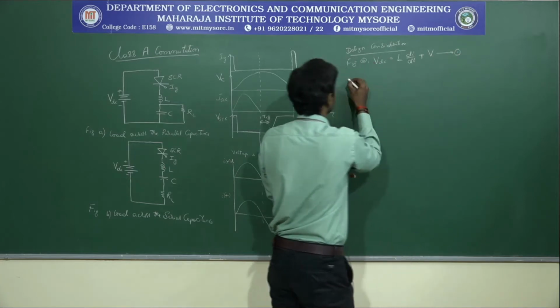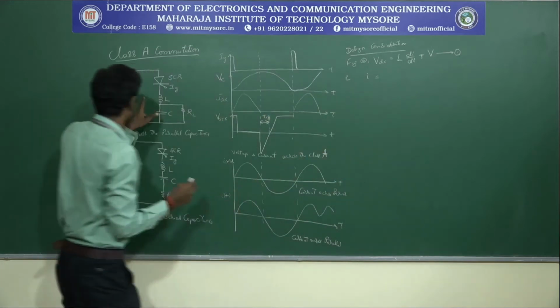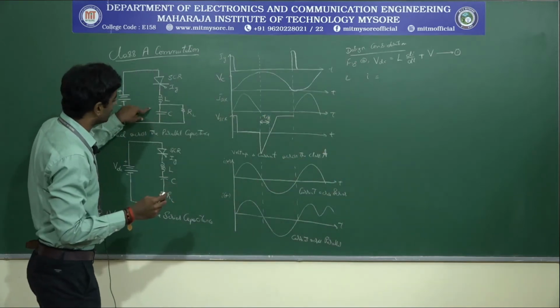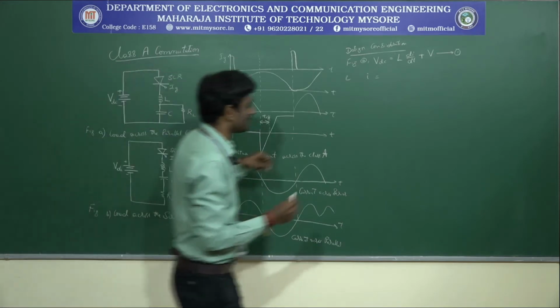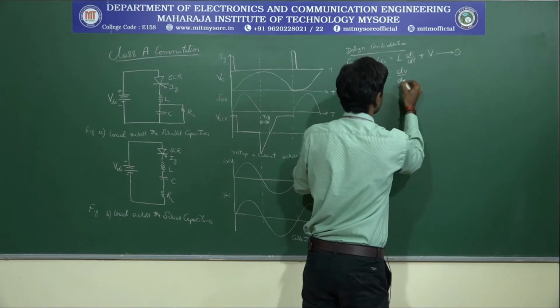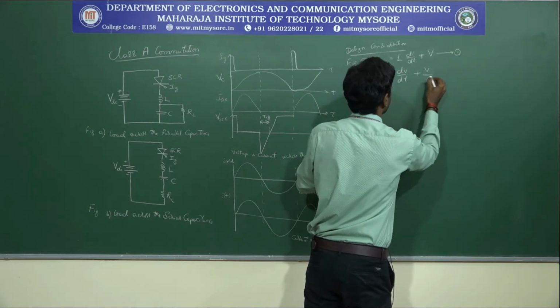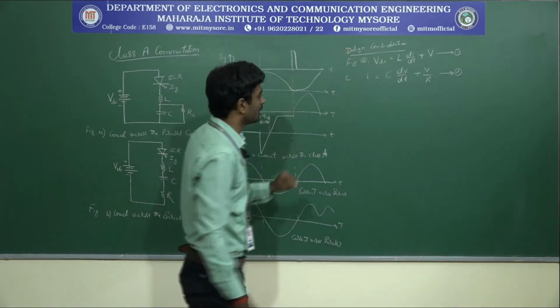Similarly, the current I will be equal to C into dV by dt plus V by R. This will be my second equation. These are the two equations with respect to this condition.